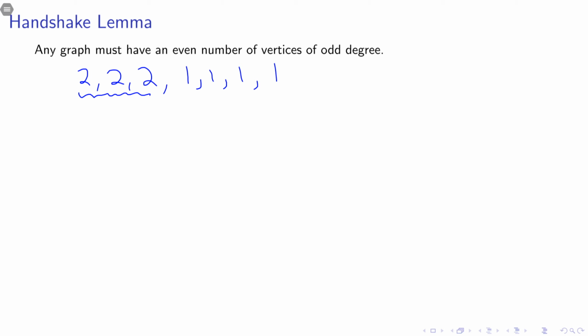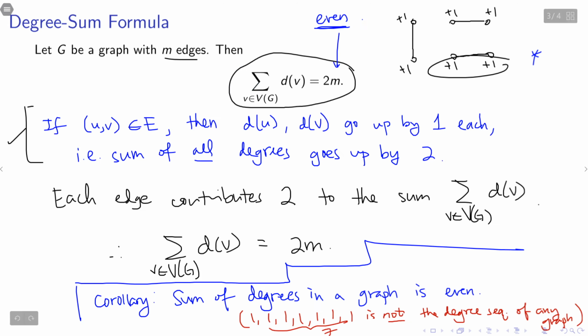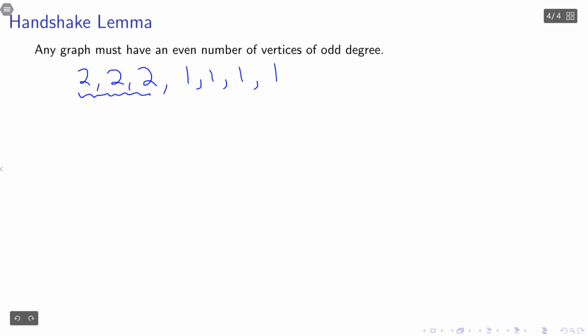And it's called the handshake lemma because it's a way for you to visualize why it's actually true as well, in terms of the same argument that we used in the degree sum formula. They're pretty much the same result. It's called a handshake lemma because if you think of each vertex as a person, you have like 4 people here in one place.